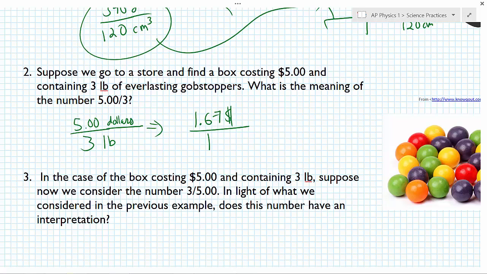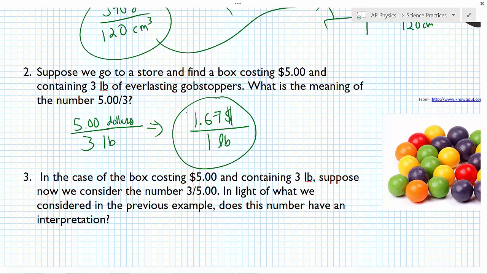In this case, my units do not cancel, so that pound is still in the denominator. It didn't go anywhere. So when I look at this number here, I kind of simplify my ratio. The units are still standing. This has a different physical meaning. This means that for each pound of Gobstoppers that I'm getting, it costs me exactly $1.67.